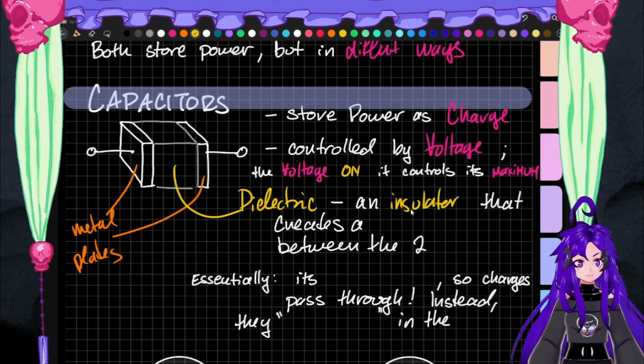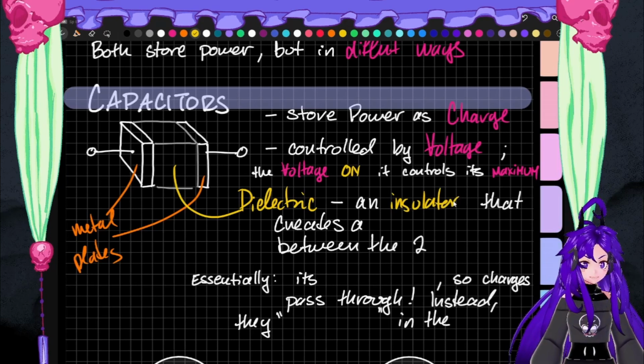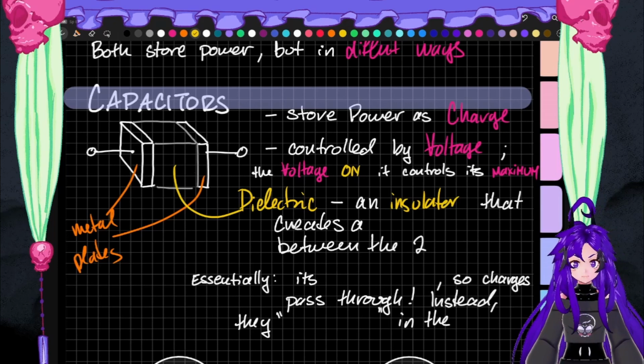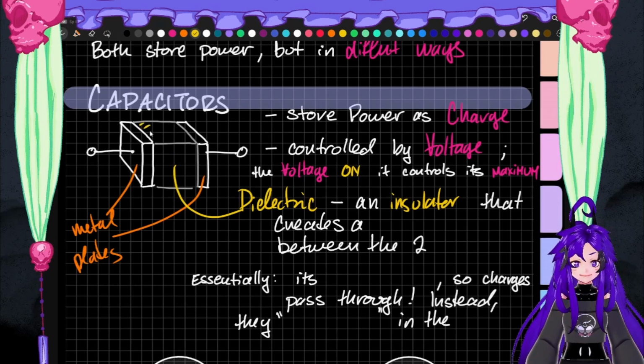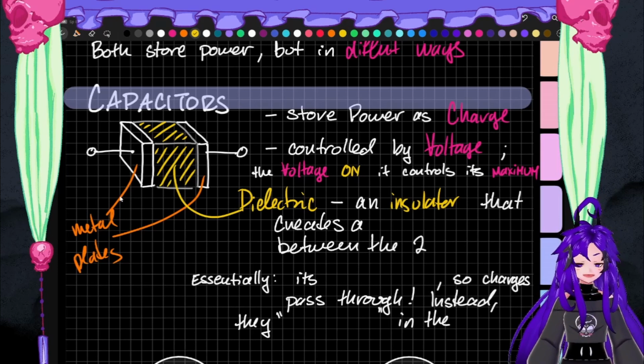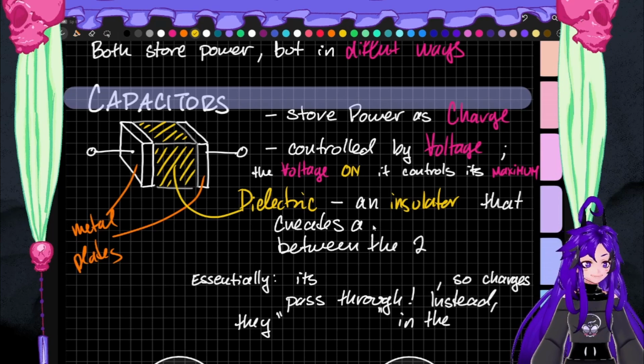So a non-conductive material, okay? So like plastic, air, water, something that does not conduct heat or electricity like that, or at least is a poor conductor of them. So these two metal plates create a potential difference.